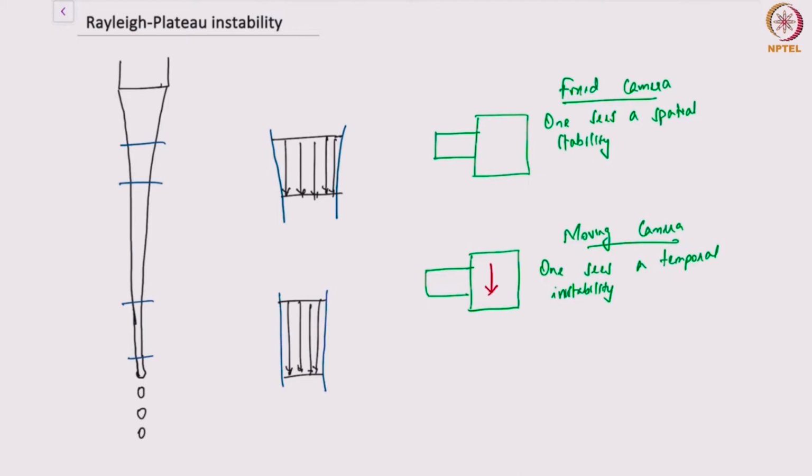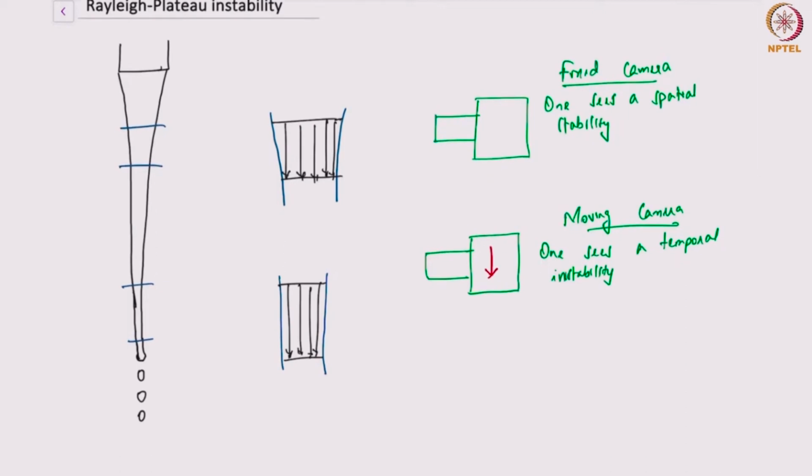But if the wave is increasing in amplitude as it approaches the beach, then if you're a surfer on such a wave, you would actually go up, and you would perceive it as a temporal growth, a growth which is changing in time. So that's the moving camera experiment.